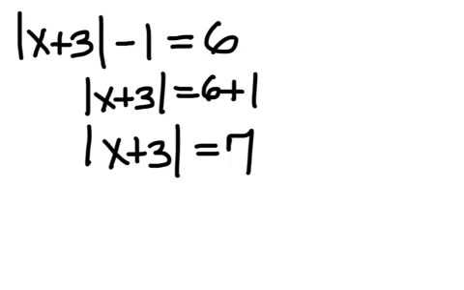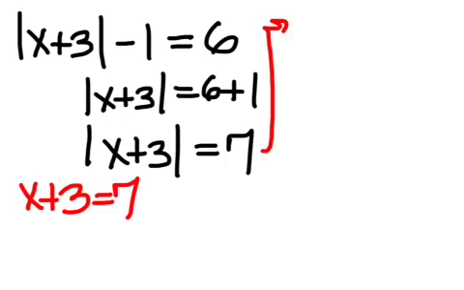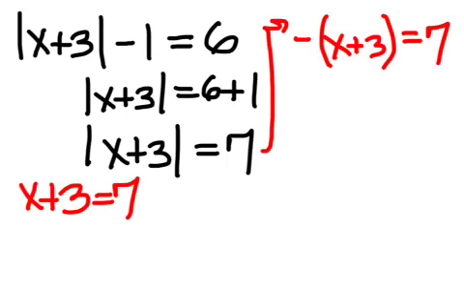Now with that, we're going to have to break that up into two different equations that we have to solve. I'll do the first one over here on the bottom left. That's x plus 3 equals 7. It's the same thing that's written, except you don't put the absolute value brackets in. Over here on this side, you're going to do the negative quantity of x plus 3 and set that equal to 7. We have to solve both of these.